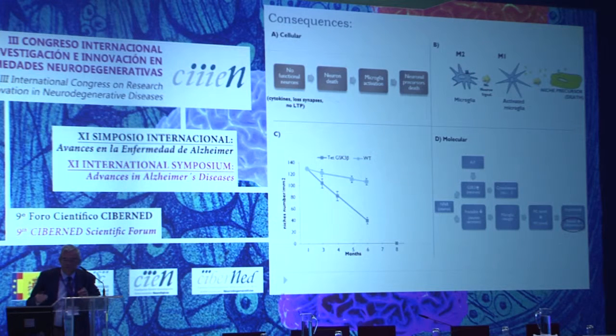After activation, microglia secrete new compounds that could be toxic for the neuronal precursors. This is indicated here. Microglia could secrete some new compounds that could kill the neural precursors. If we have fewer neural precursors in the niche, we will lose the possibility of new neurogenesis.